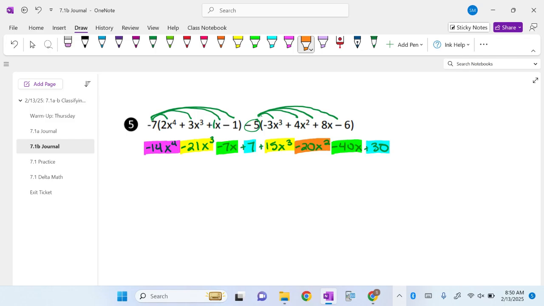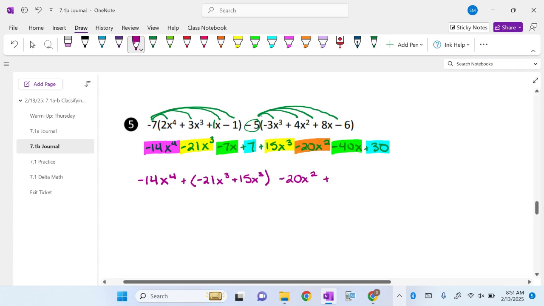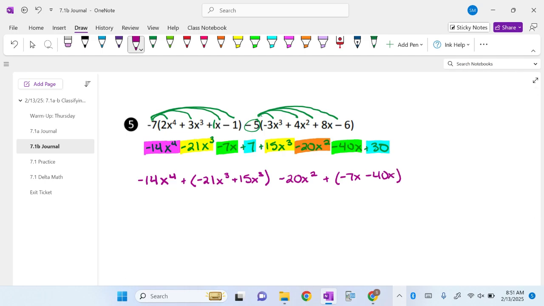So if I put this in standard form, I would have the x to the fourth first because that's the highest exponent. So negative 14x to the fourth plus negative 21x cubed plus 15x cubed, plus, or actually just minus 20x squared because it's by itself, plus negative 7x minus 40x plus 7 plus 30.